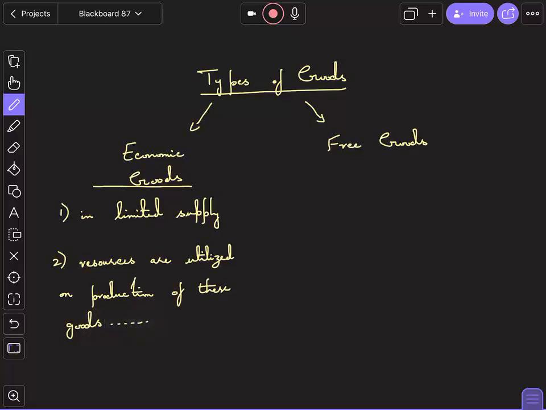So remember, these are the two characteristics, in fact, for distinguishing whether a good is an economic good or a free good. Economic goods are in limited supply, and number two, you are using resources on the production of these types of goods. While on the other hand, we have free goods. Free goods are those goods that are unlimited in supply.